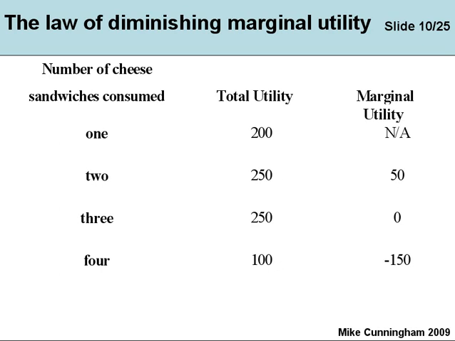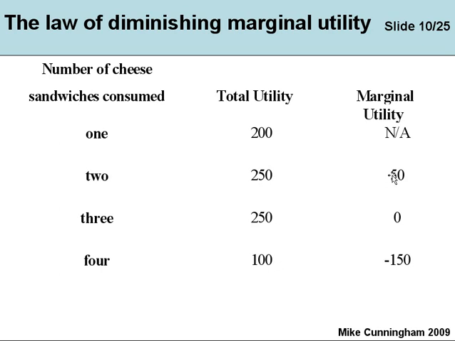Now, number two, if you have two sandwiches, your total utility will have gone up to 250. Here you go. Now, total utility is now 250. So the marginal utility, the change in the total utility, because of the second unit, is 50.